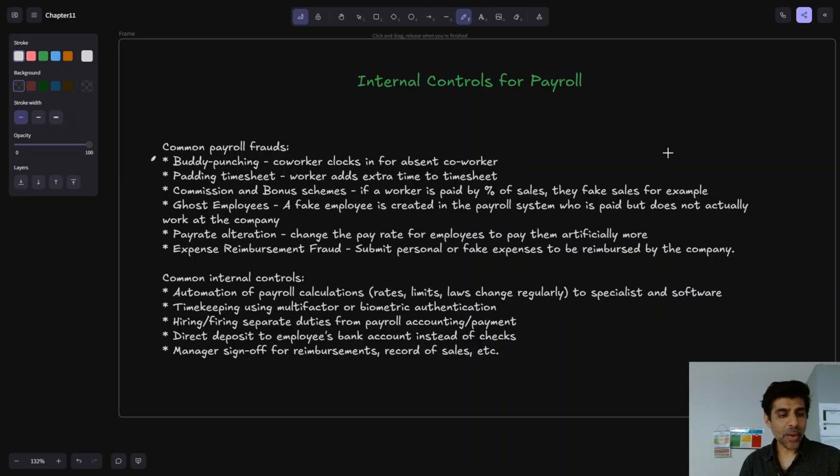Buddy punching. So this is when someone clocks in for you and you're not there. So the employer ends up paying you for hours that you actually didn't work. Okay, so what are some modern ways that employers now protect against this? Does anyone know? Does anyone have to clock into a job? I know that in some workplaces, I've worked in a place before where you had to do this with fingerprint.